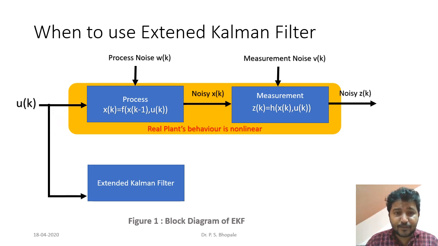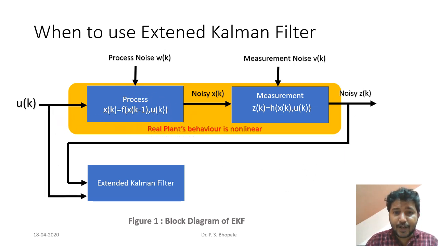So extended Kalman filter uses control input U and the noisy measurement, which is corrupted by sensor noise, and it will obtain a noise-free state estimation and noise-free measurement estimation.